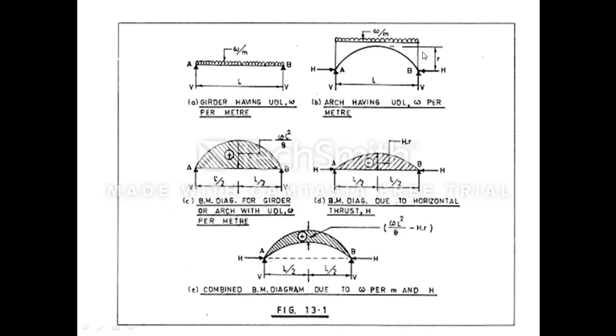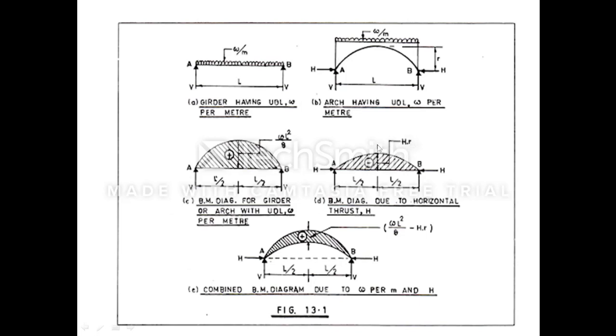For this arch, the bending moment is smaller. If you compare the two bending moments, the value of bending moment is small in case of arch for the same span and same load. That's why we prefer arches in case of larger spans, because it gives smaller bending moment.